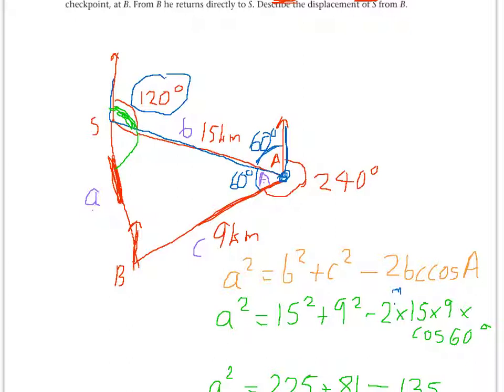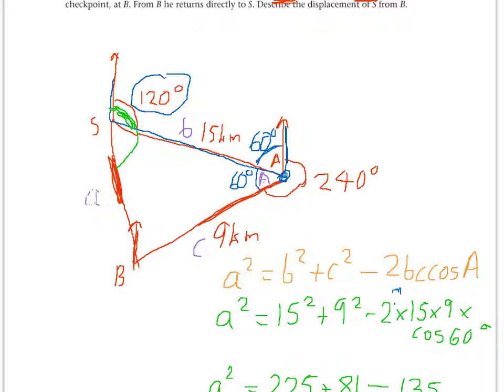So, let's relabel our diagram with the new bits of information we've got. Let's just colour over the bits we don't want.